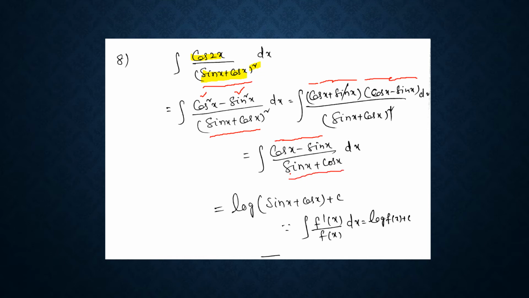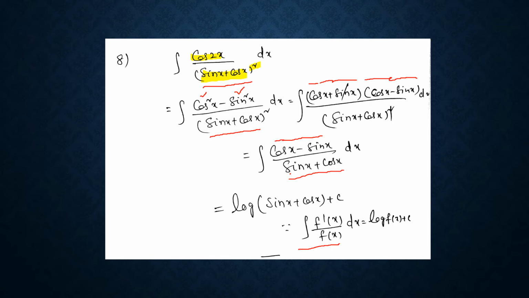Now check whether it is in the form of integral f dash x by f of x dx. If we take f of x equal to the denominator sin x plus cos x, what is its derivative? d by dx of sin x is cos x, and d by dx of cos x is minus sin x.